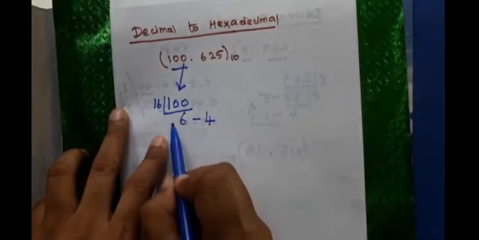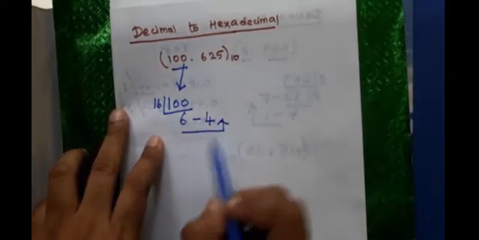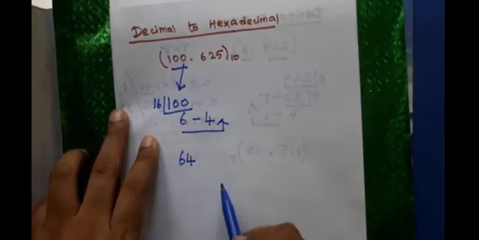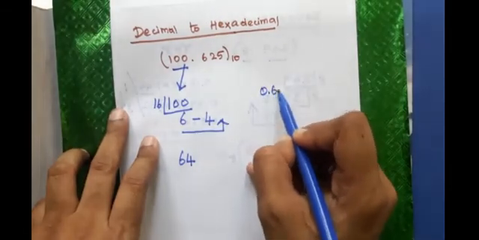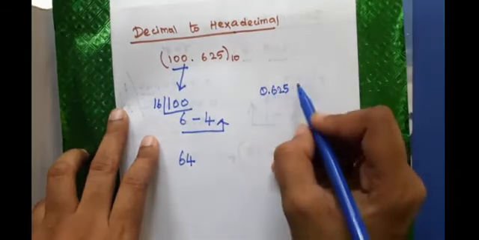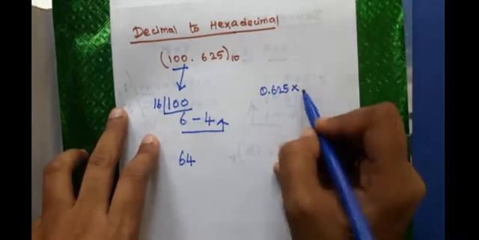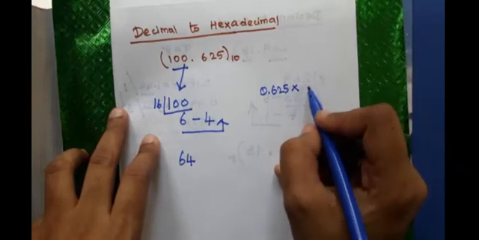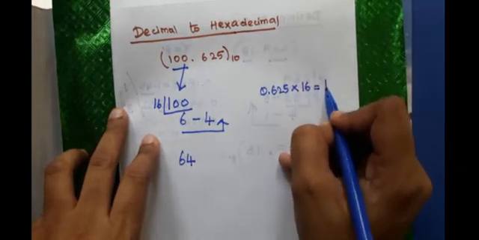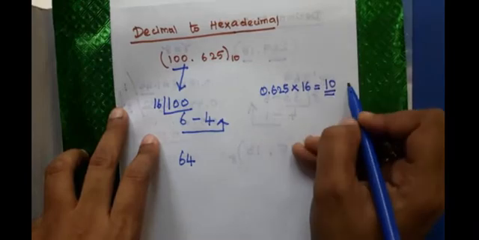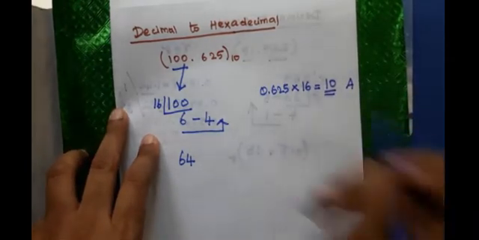I cannot further divide it by 16, so I take this as 4. Taking 0.625, I want to convert it into a fractional hexadecimal. So into 16, I will get 10. 10 can be represented as A in hexadecimal form.